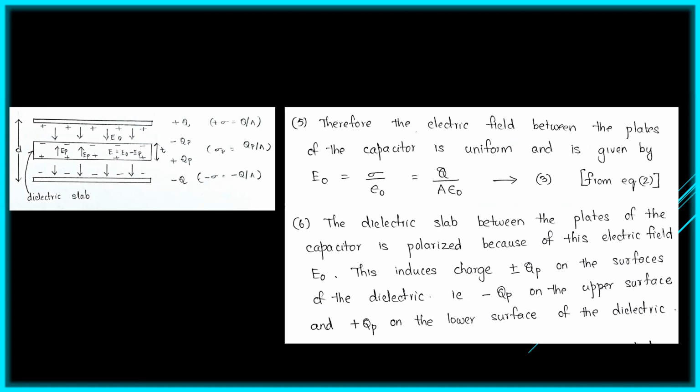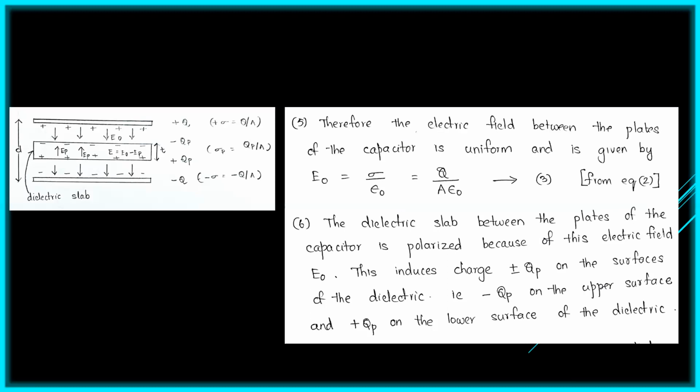Now, after that, we are talking about the dielectric slab. We have studied about a dielectric slab. Whenever a dielectric slab is kept in an external electric field, the dielectric gets polarized. That means the molecules of the dielectric align themselves in a systematic way.